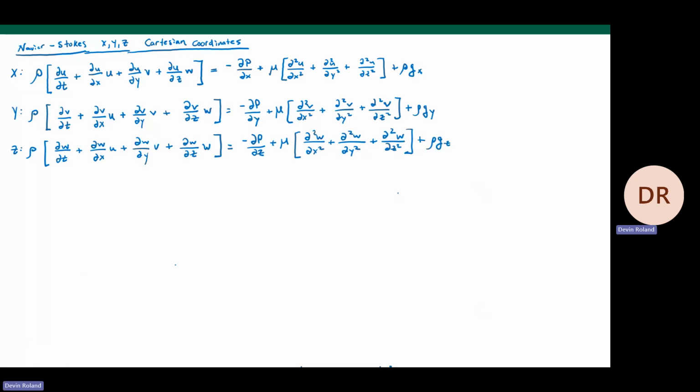Cool. So, these assumptions are pretty simple. You might say, why'd you even write it down to begin with? Because we have z flow. But basically, you can mark out that term and that term. Why? Because there's no flow in the x direction. And there's no flow in the y direction.